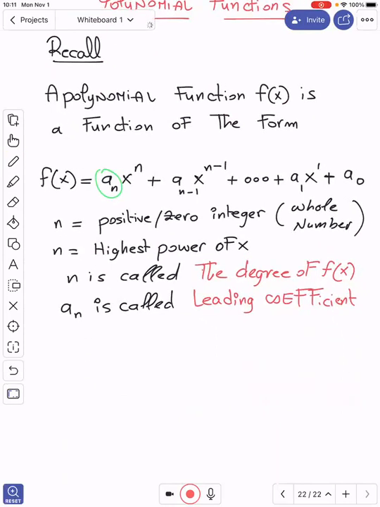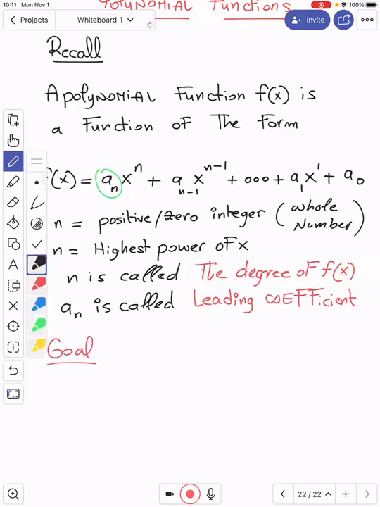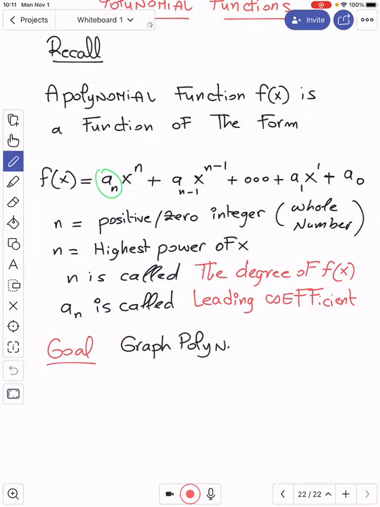As I said, the goal of this section is to graph polynomial functions. As we discussed Wednesday last week, the simplest examples of polynomials are constant functions.